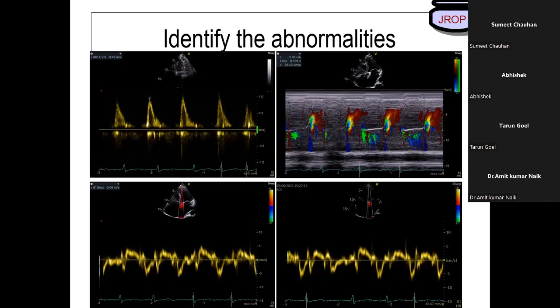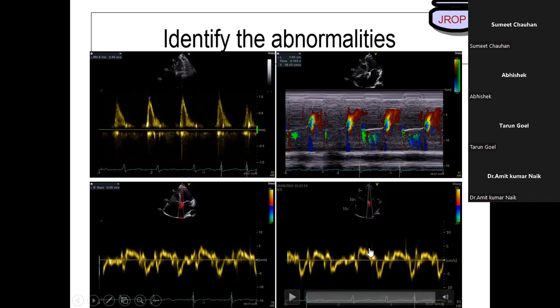Color what? Color M mode. What is this modality, Amit? Continuous wave Doppler.